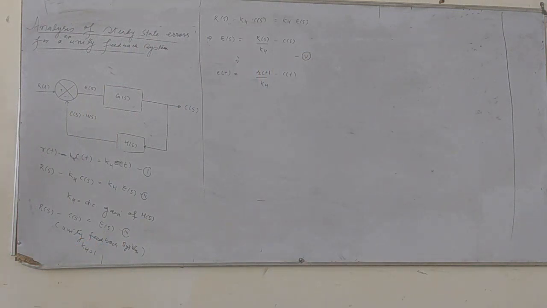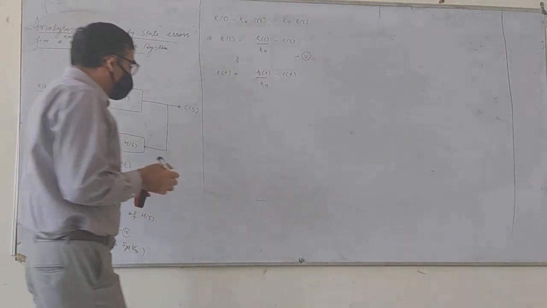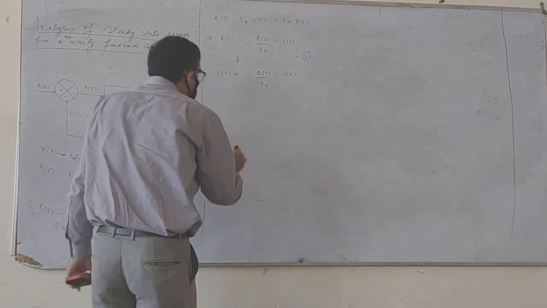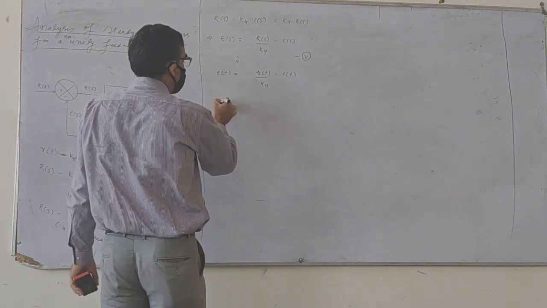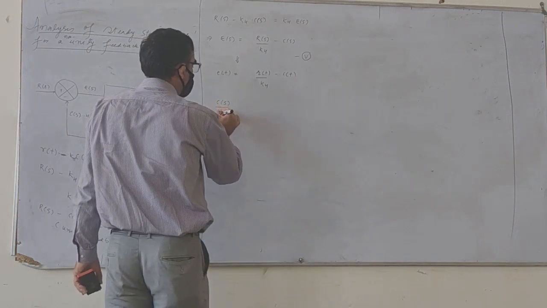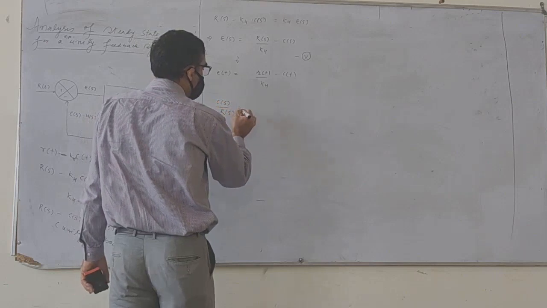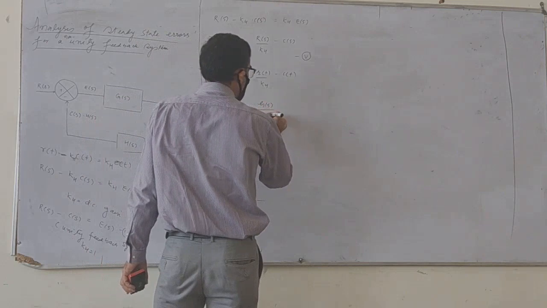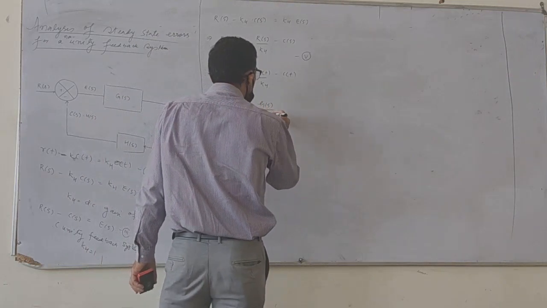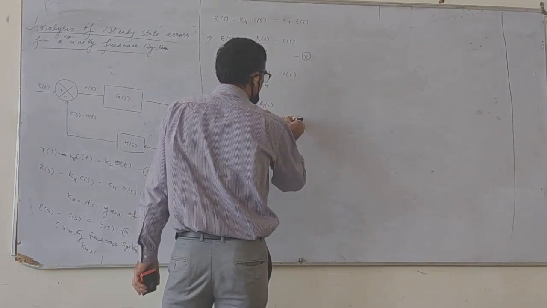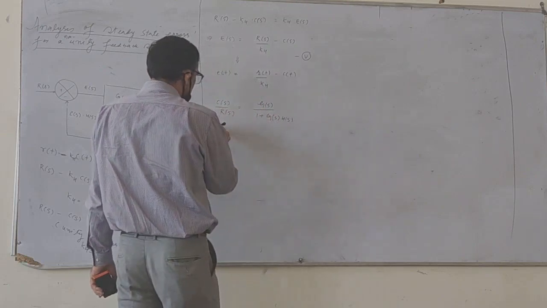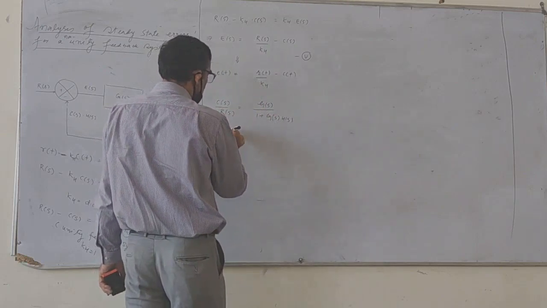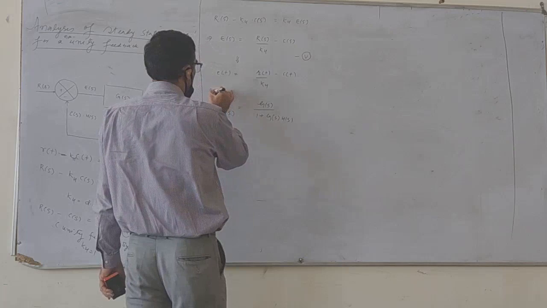Now further I want to do something, very easy. If I have a closed loop system, how do I write the closed loop transfer function?